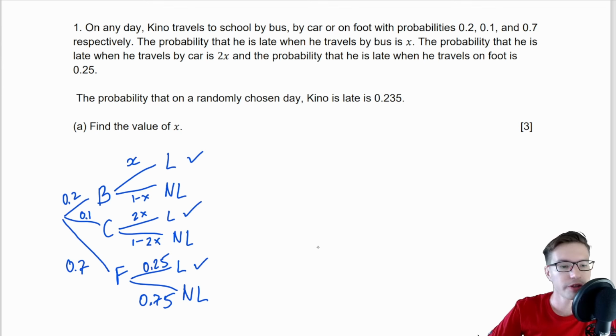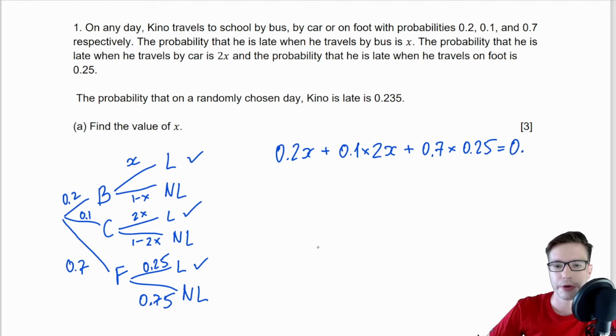And to find that probability, we'll have to multiply 0.2 by x, then add 0.1 times 2x, and then plus 0.7 times 0.25, and the result should be equal to 0.235.